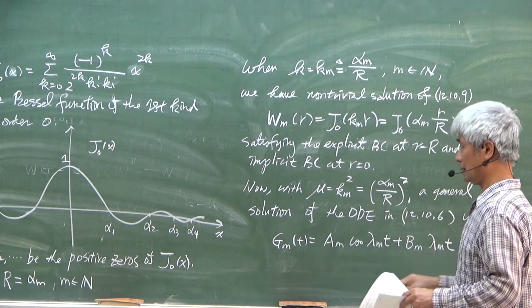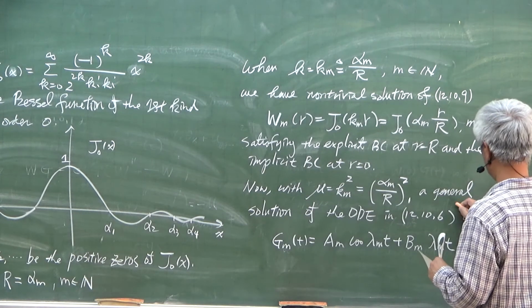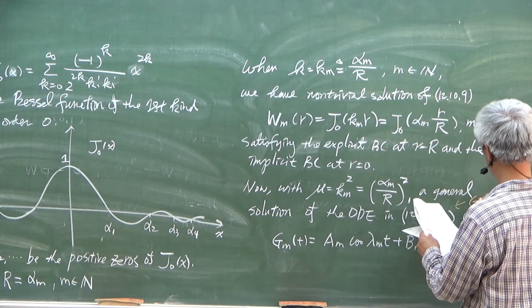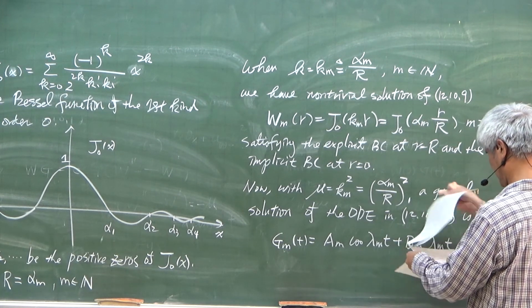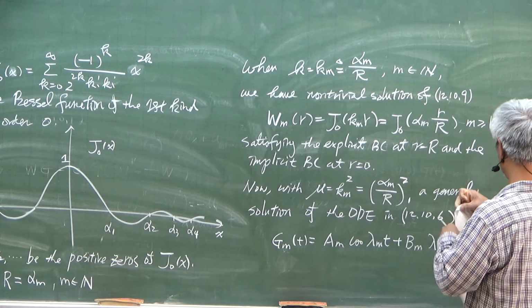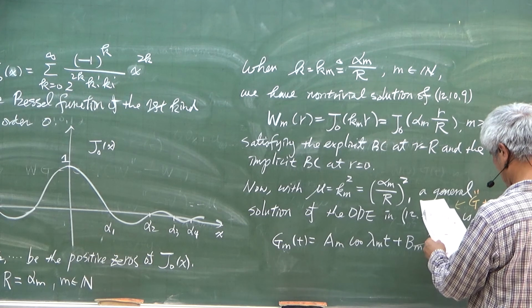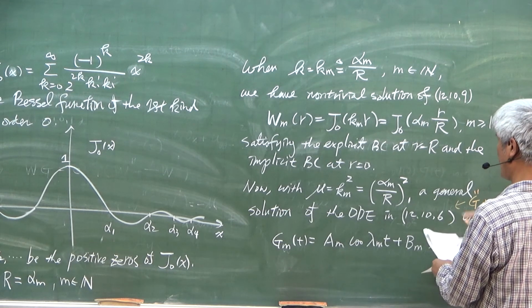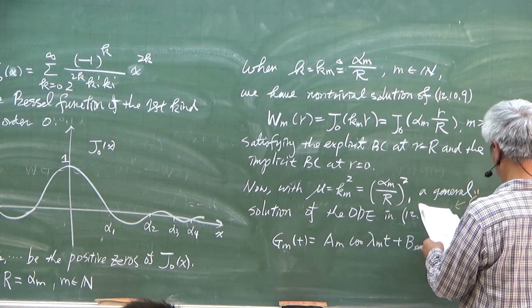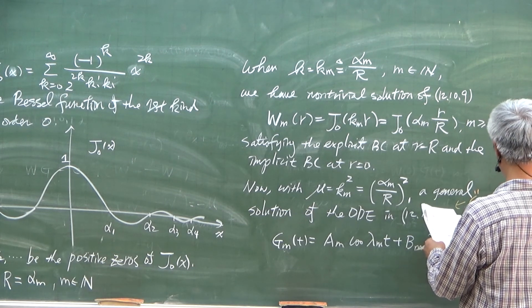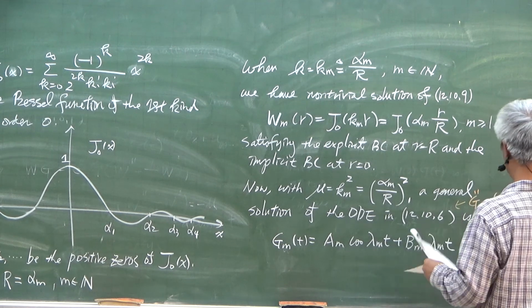What is that? It is G double dot plus mu is here, so plus k_m squared c squared G equal to 0.